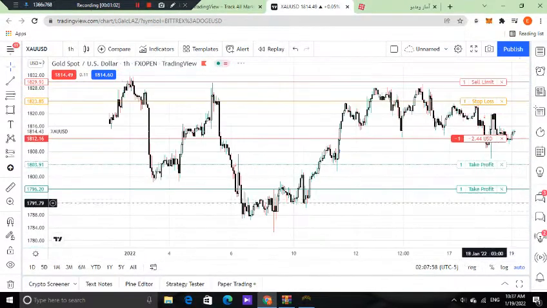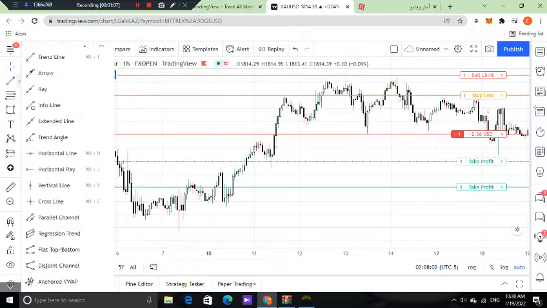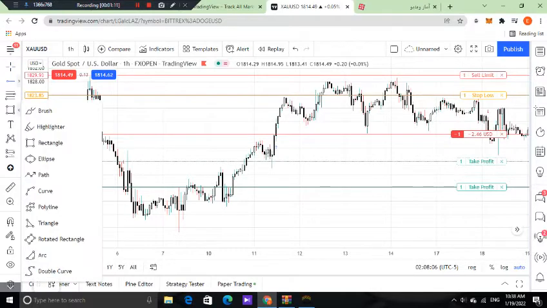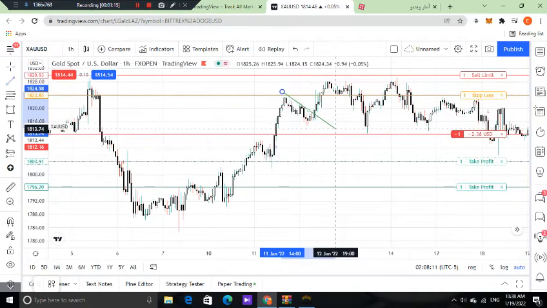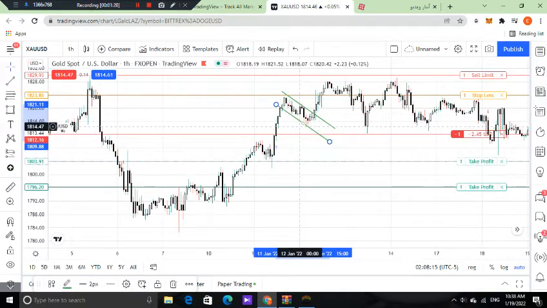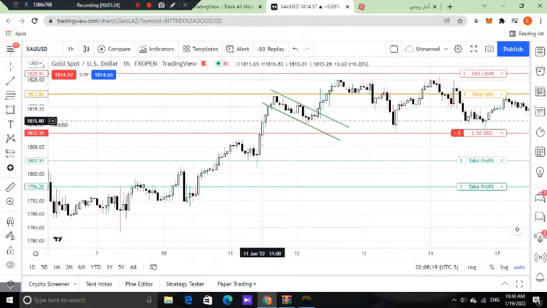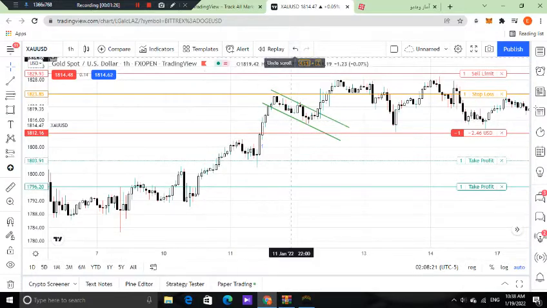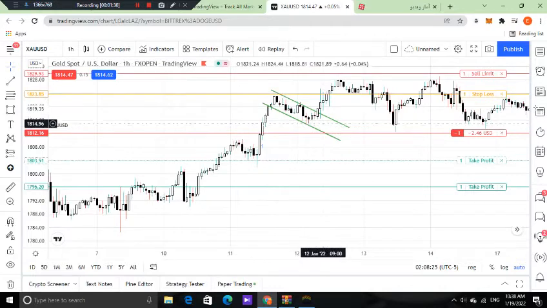Okay, let's start with gold. I want to show you some flags to understand what the hell it is anyway. And okay, this one is a flag. How's that? Okay, I want to tell you, you had these bullish bars in a row, and after that you had a pullback.